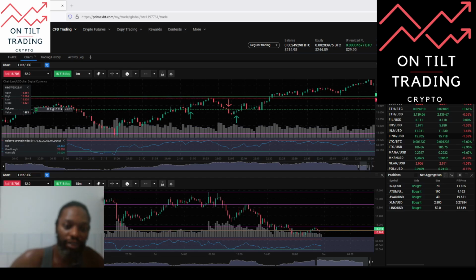So I was chasing this entry because it seemed like it was about to break out from this level. So I chased this entry, got stopped out here, and retook the entry right here.